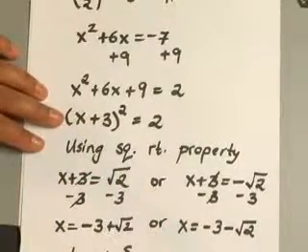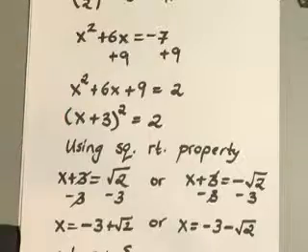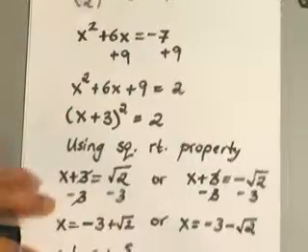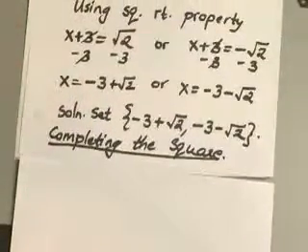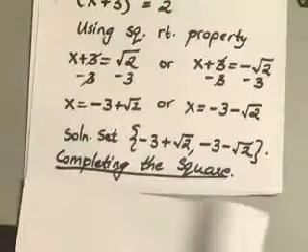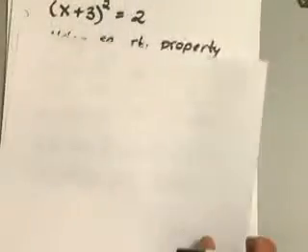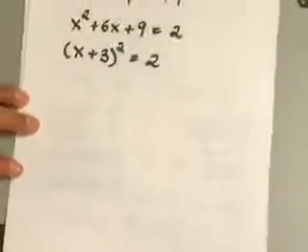And to verify that, all you have to do is take this expression x plus 3 squared and FOIL it. So let's see what happens when we FOIL that term.